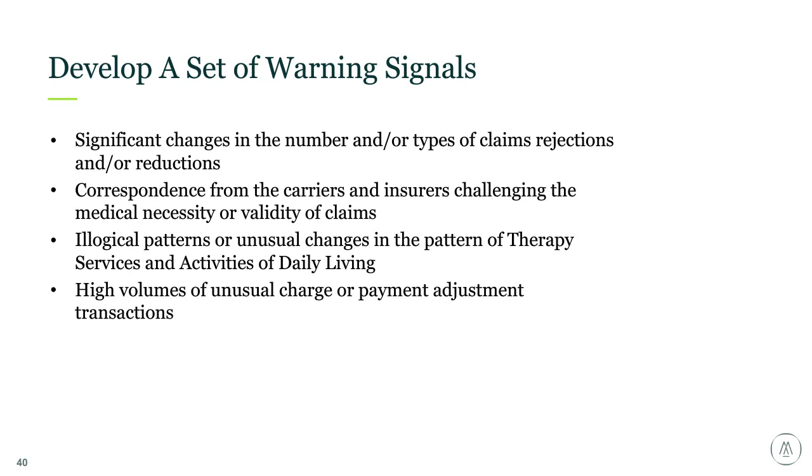In conjunction with all of this, developing a set of warning signals, looking at some of those areas, and especially speaking to that third bullet point, are we seeing these interesting illogical patterns? Are things popping up either in the MDS or when we're assessing some of those ADLs or therapy patterns?